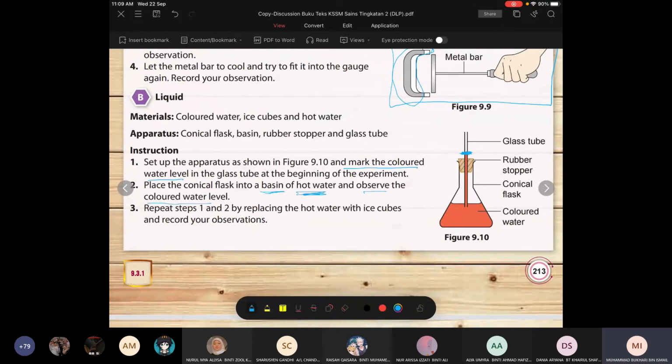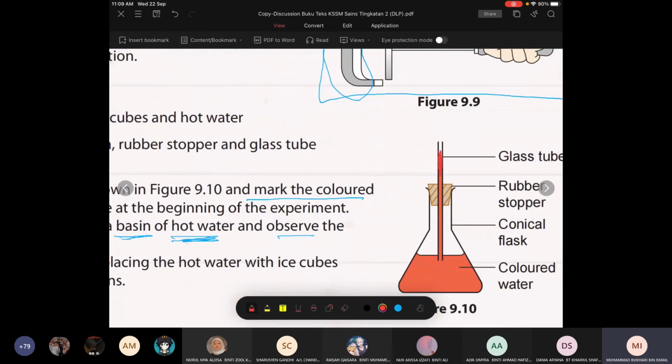So what happens is it is supposed to rise. The level here is supposed to rise, so it will be higher. It will increase like this. It becomes higher when it is hot.